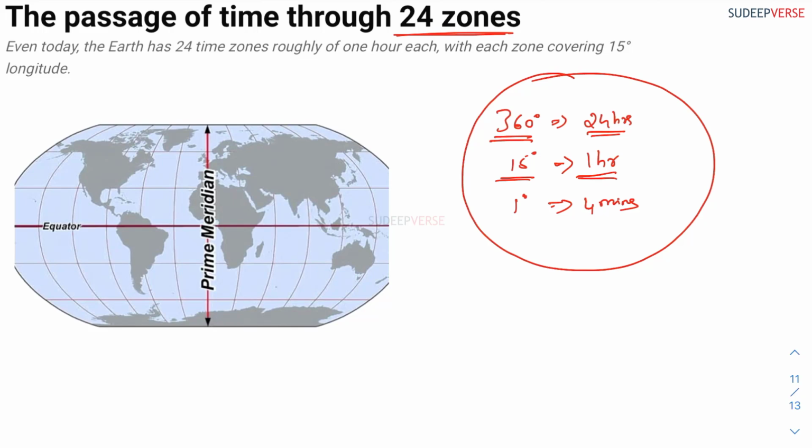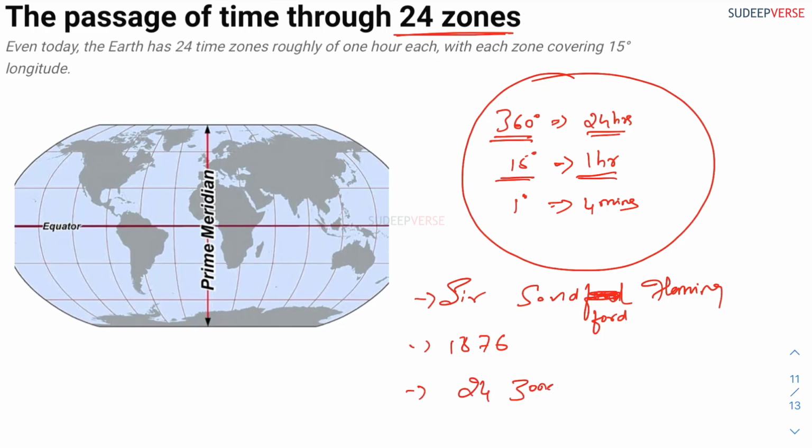Now with this knowledge, let us go into how the time zones are done. This concept of time zones was introduced by Sir Sandford Fleming. He introduced this concept in 1876, and overall he called for establishing 24 time zones for 24 different hours, so 24 time zones that match the 24 hours.